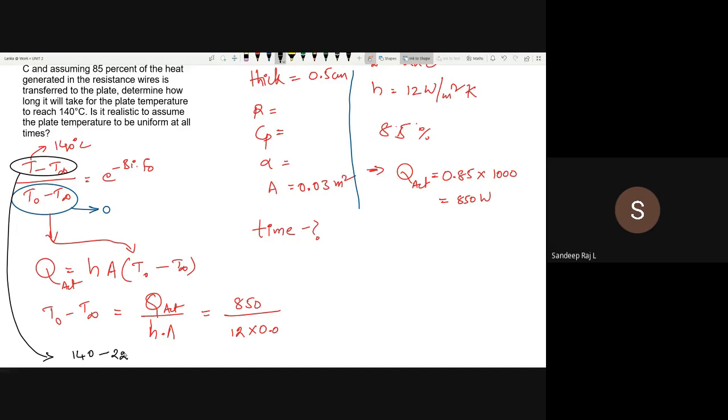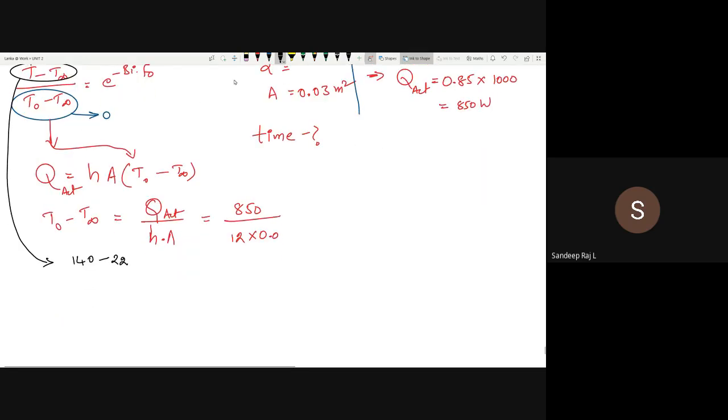So you know the numerator also. Let's come to this Biot into Fourier now. What you need is LC. H LC by K into alpha, which is given in the question, t by LC squared. t you have to find out.